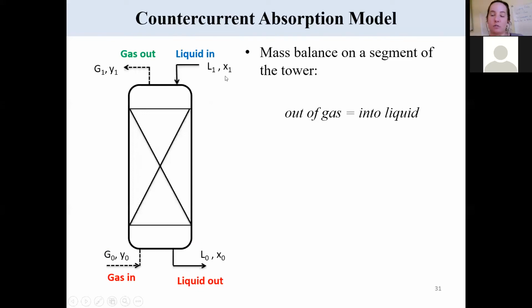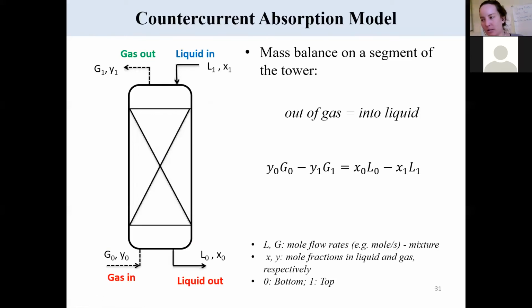Liquid is flowing into the column. Liquid comes in with usually no pollutant in it. It absorbs the pollutant, and then it leaves with a certain concentration. So the mass balance says that the amount of material that leaves the gas stream should be equal to the amount of pollutant that is taken up in the liquid stream. And this can be written then.